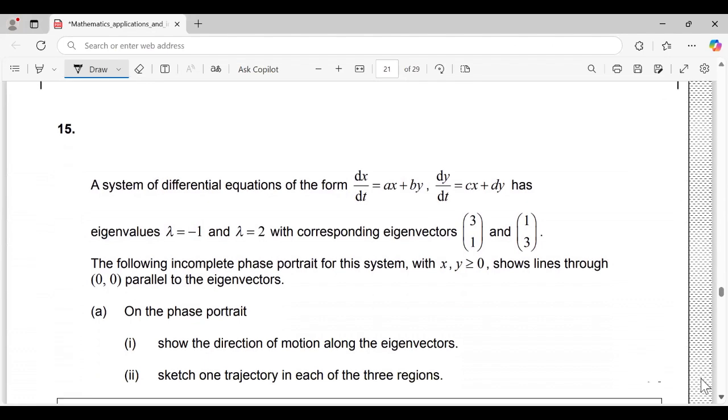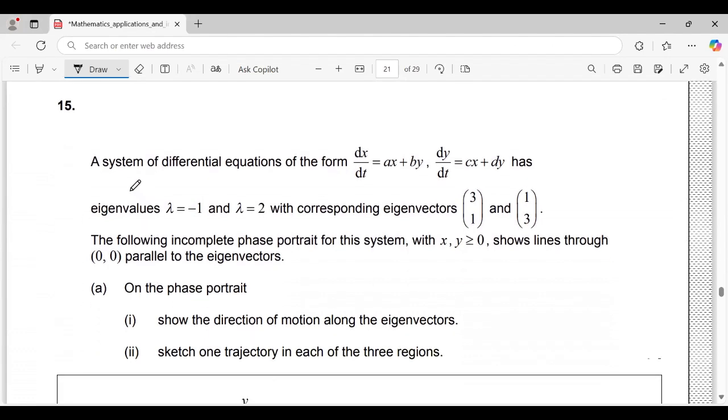Number 15. A system of differential equations of the form dx/dt equals ax plus by, dy/dt equals cx plus dy, has eigenvalues lambda equals minus 1 and lambda equals 2, with corresponding eigenvectors (3, 1) and (1, 3).